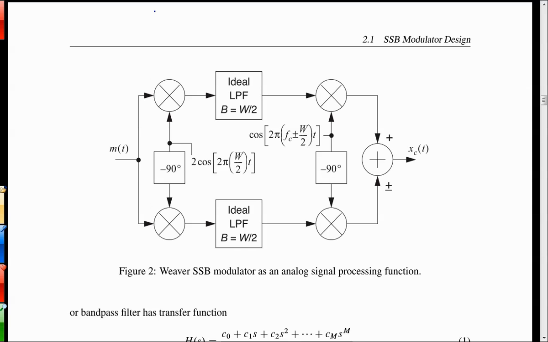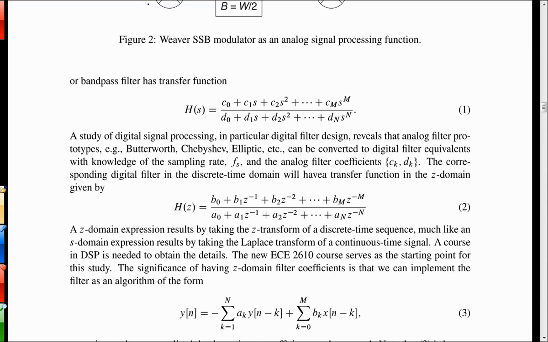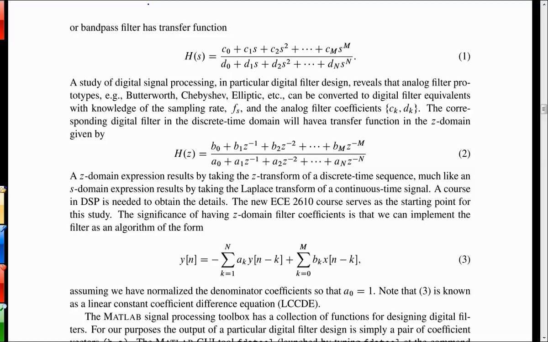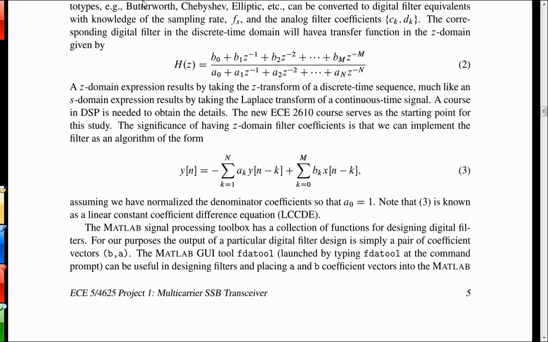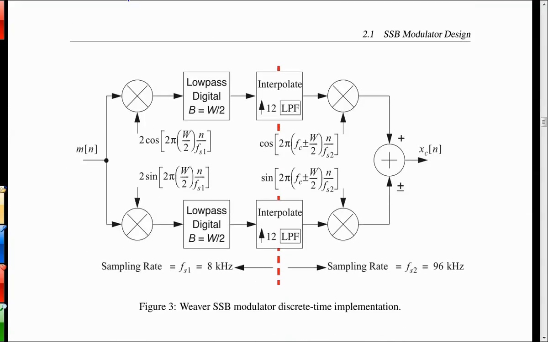So this is what you're implementing in code, and here's some discussion on the filter types you can design in MATLAB. I assumed when I wrote this a few years back that people didn't necessarily remember much from 3205 or 2610, difference equations and so on. But this is what the actual modulator will look like that you'll implement.